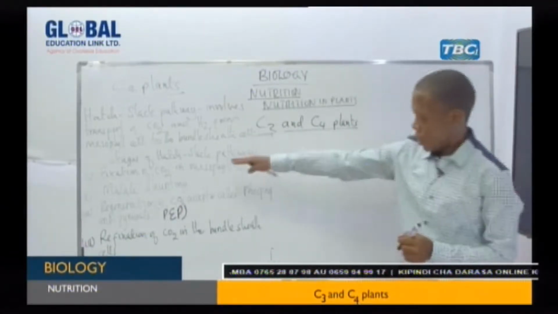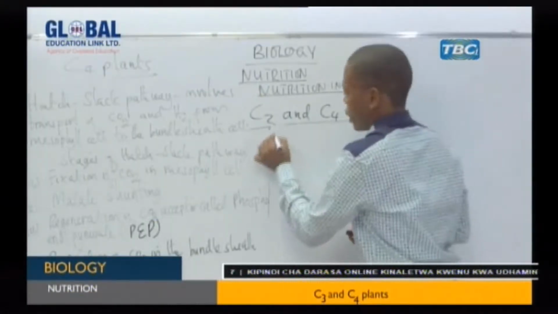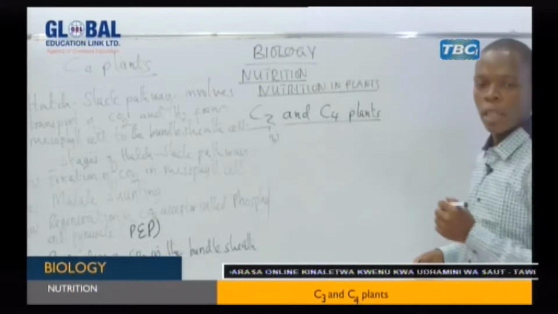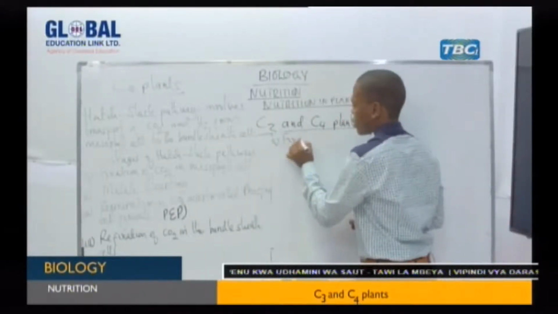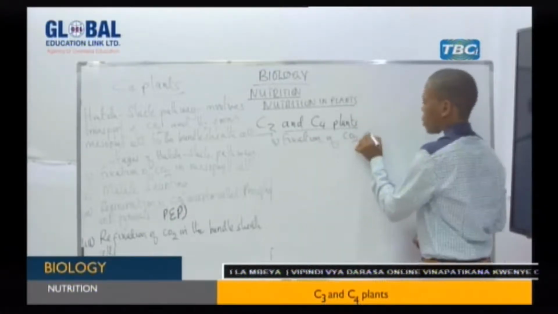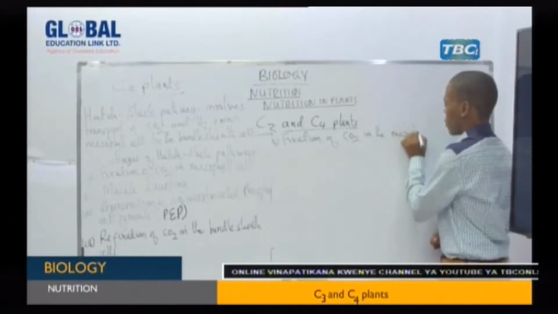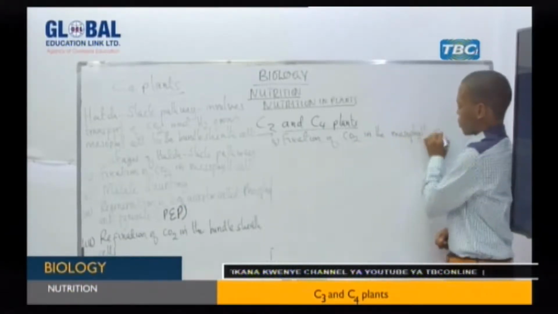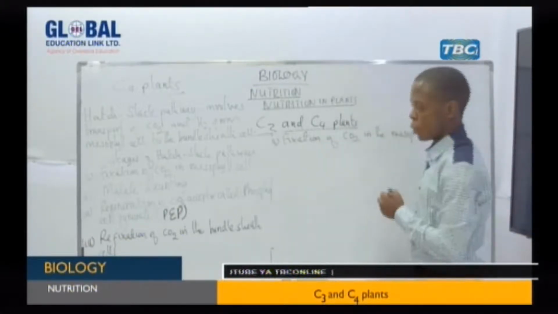Okay, let's see how these stages occur. The first stage, as you said, is fixation of carbon dioxide in the mesophyll cells. Here, the process occurs in the mesophyll cell.